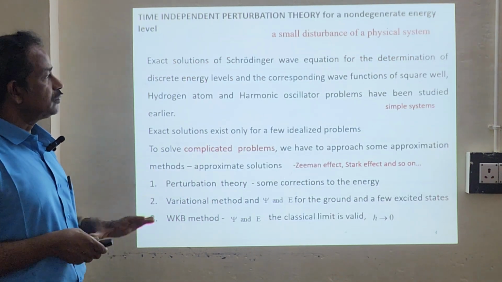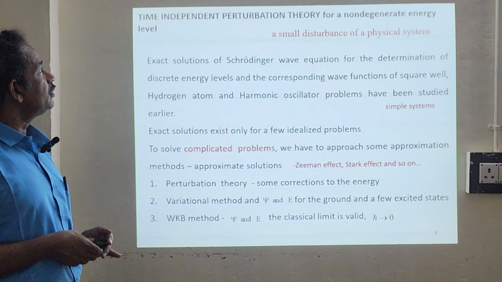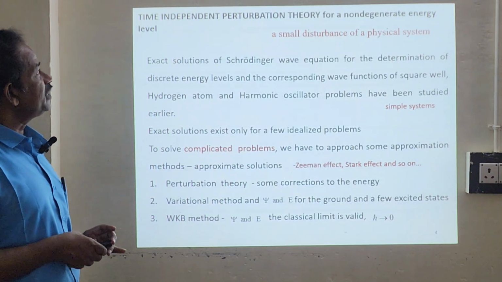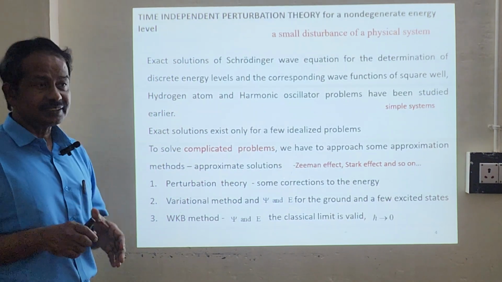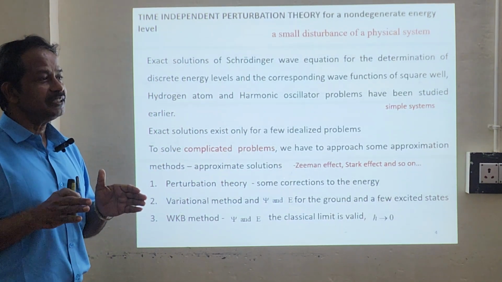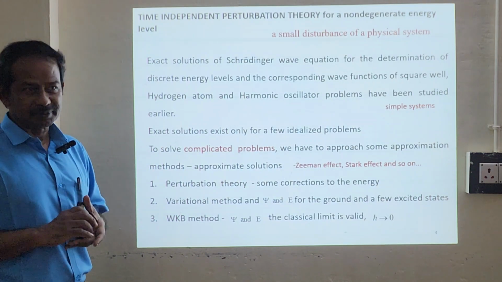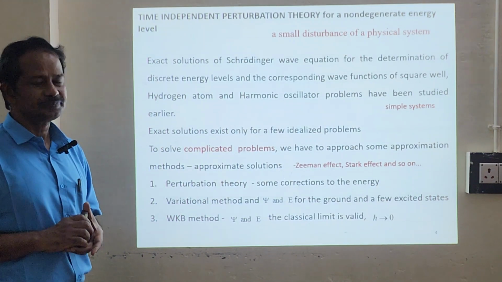So now we are going to look into time independent perturbation theory for non-degenerate energy levels. As I said, perturbation means a small change, a small disturbance, a small alteration.